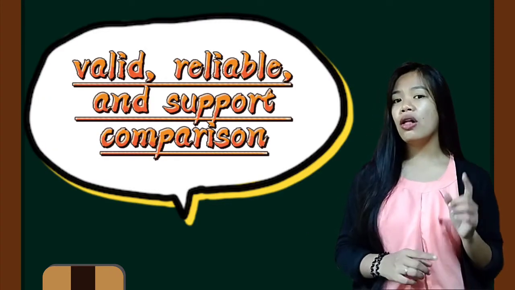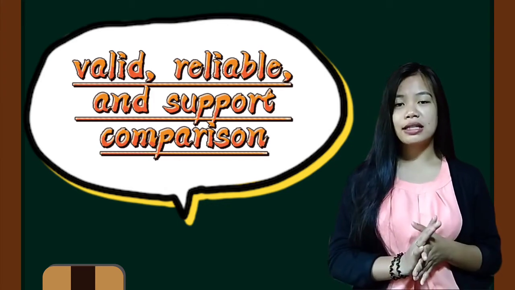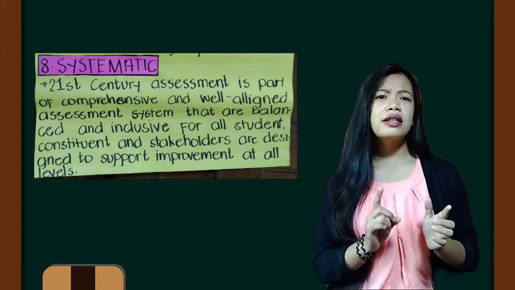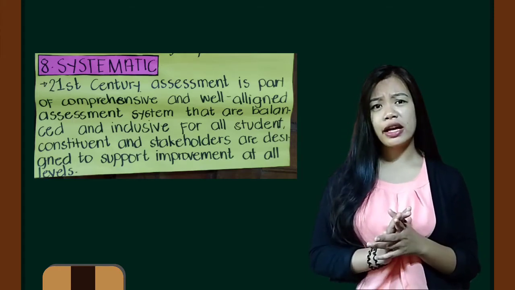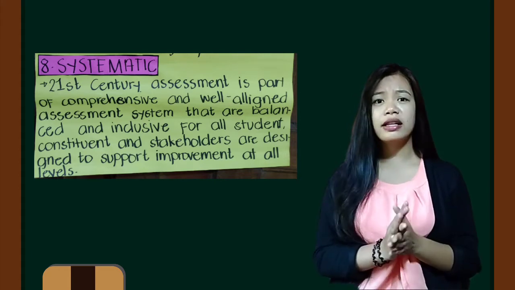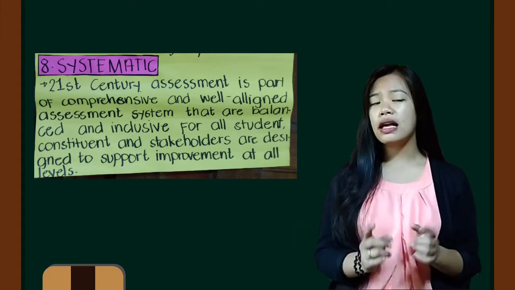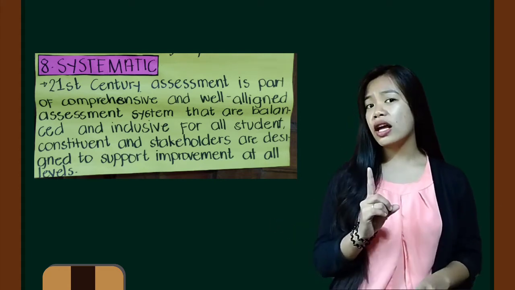Since the students have different beliefs, intelligence, gender, and socioeconomic group, I make sure that my assessments are valid, reliable, and support comparisons. And the last one is the systematic. Systematic 21st century assessment is part of a comprehensive and well-aligned assessment system that is balanced and inclusive for all students.